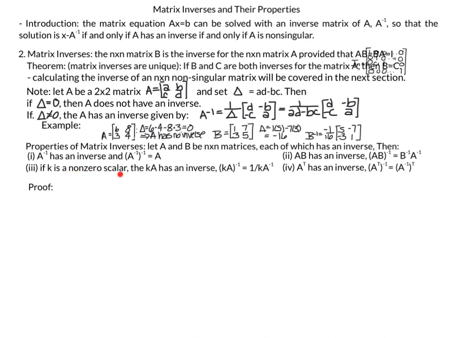If k is a non-zero scalar and kA has an inverse, then the inverse of kA is equal to 1 over k times A inverse. And last, A transpose has an inverse, and (A transpose) inverse is equal to (A inverse) transpose. This proof is kind of interesting too, but it does fall out nicely.